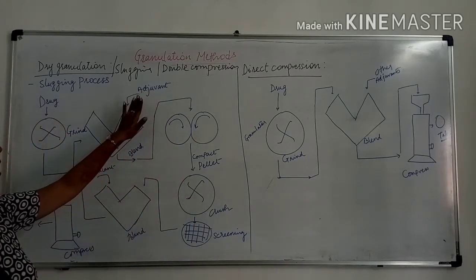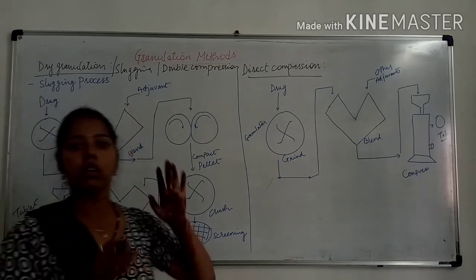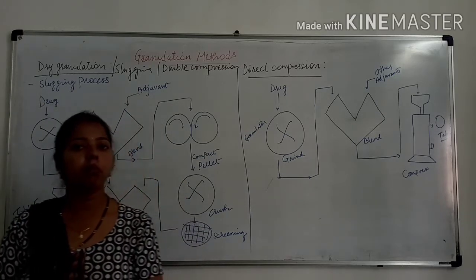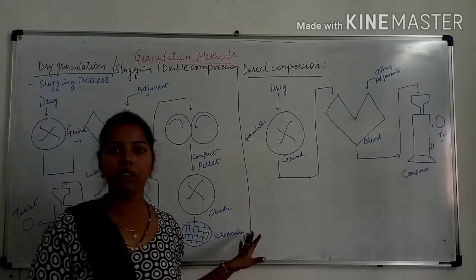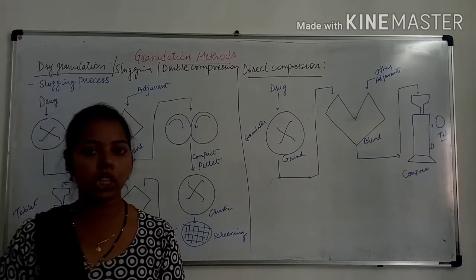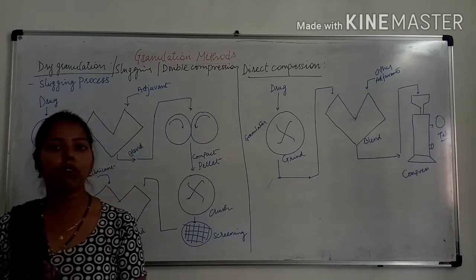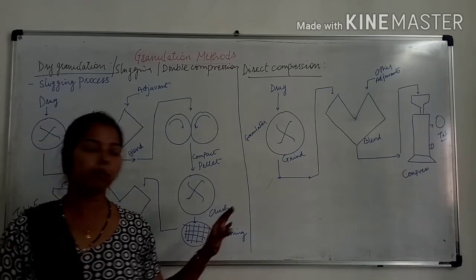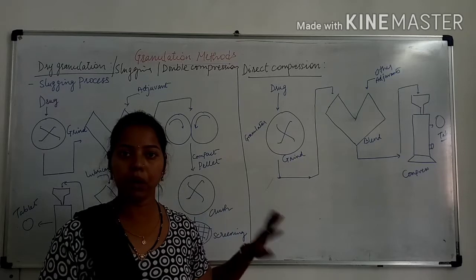In wet granulation, we add polar solvents to make the damp mass, or any liquid which is hydrophilic in nature, for the purpose of granulation or for the preparation of the damp mass.